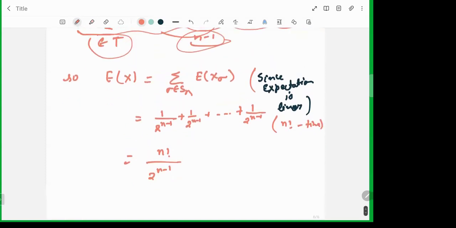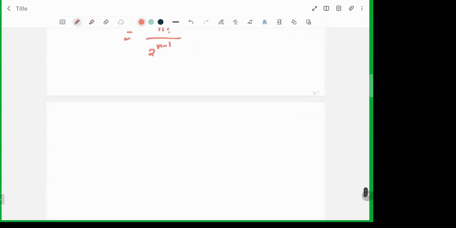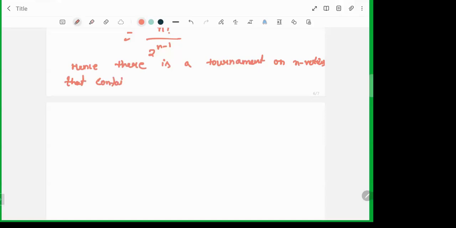So this concludes that hence there is a tournament on n vertices that contains at least this many paths, right?